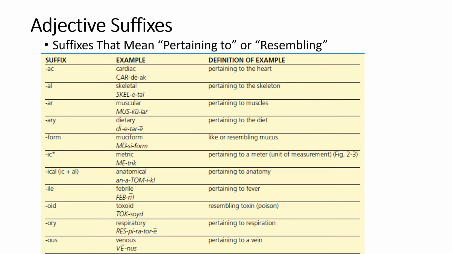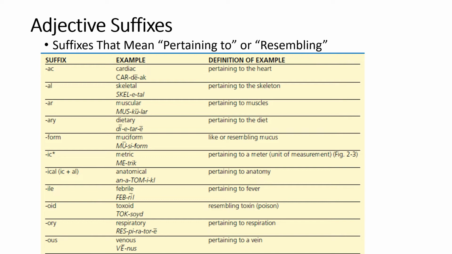The suffix al combined with skelet, which means skeleton, will become skeletal, which means pertaining to the skeleton. The suffix ar, muscular, pertaining to the muscle.